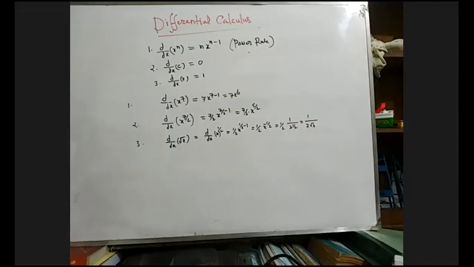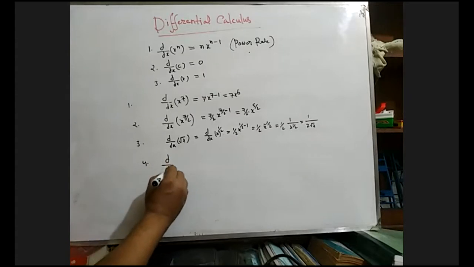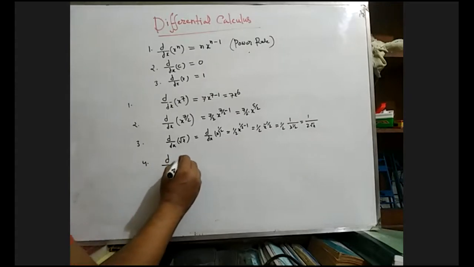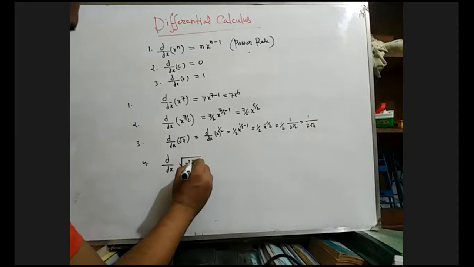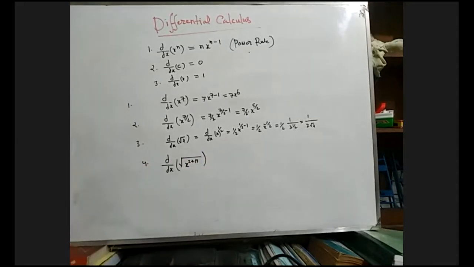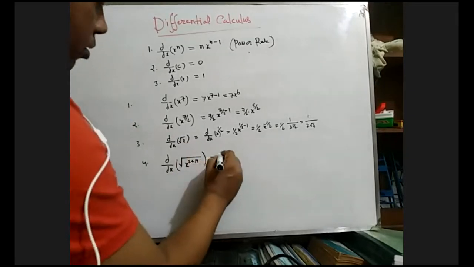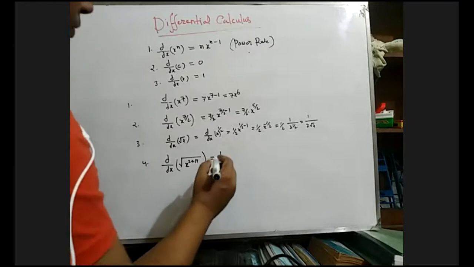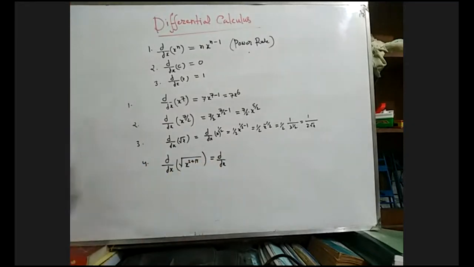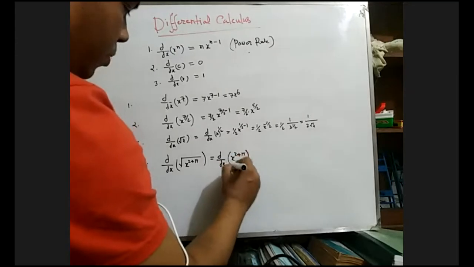Now another interesting example for you. Suppose I have d/dx of root over x to the power 2 plus pi. How can we find this? This differentiation will be d/dx of x to the power 2 plus pi, to the power half.